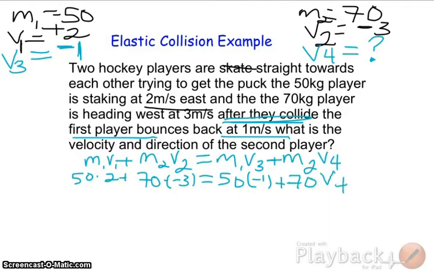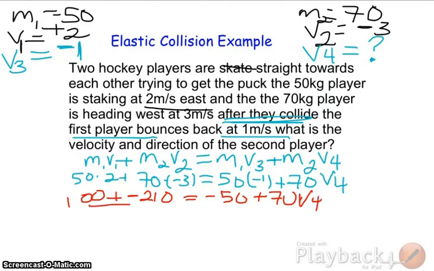Now all we got to do is simplify this down. So 100, 50 times 2, plus -210 equals -50 plus 70 V4. Combine this side, you get -110 equals -50 plus 70 V4.